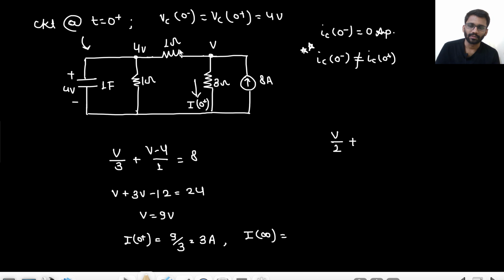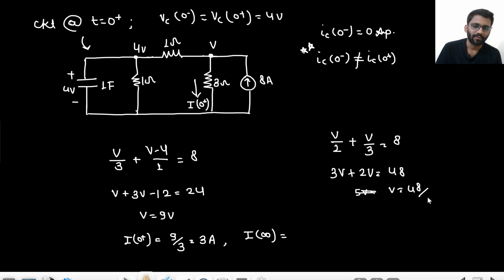V by 2, because this and this will come in action. So V by 2 plus V by 3 equals to 8, right? So it would become 3V plus 2V equals to 48. So 5V equals to 48. So V equals to 48 by 5. And I at infinity would be 48 by 15.